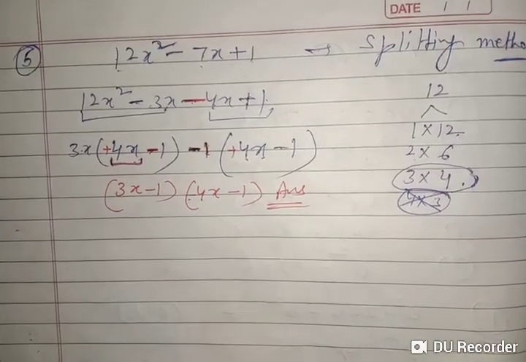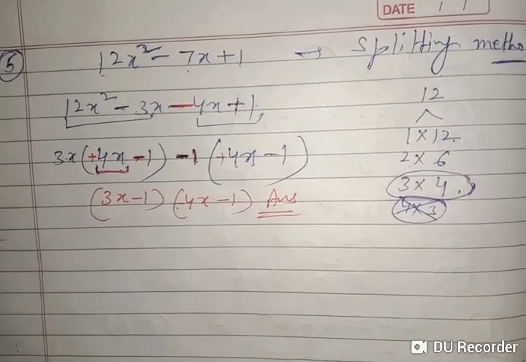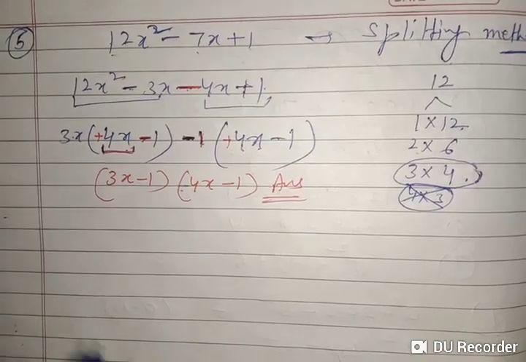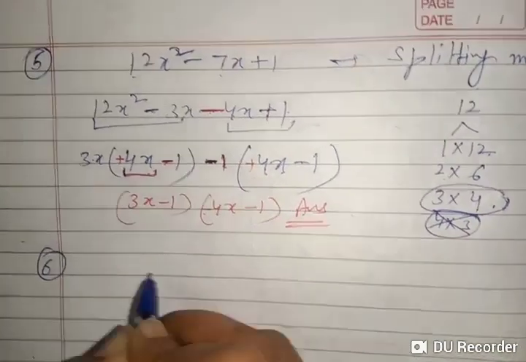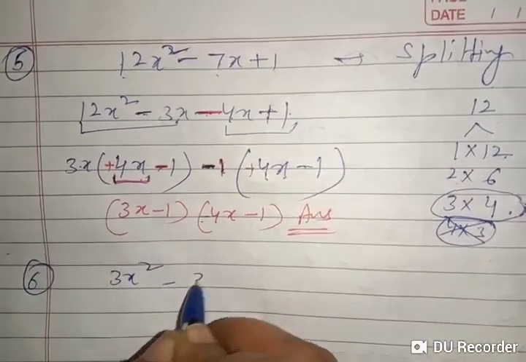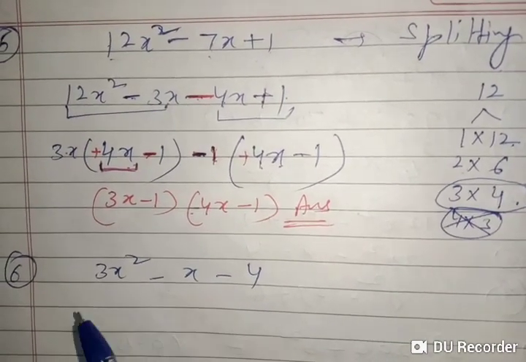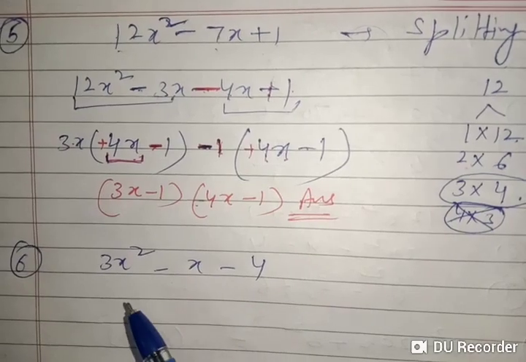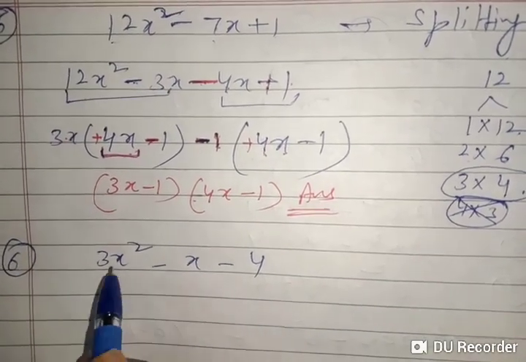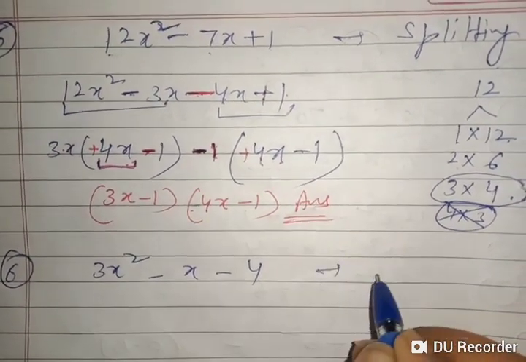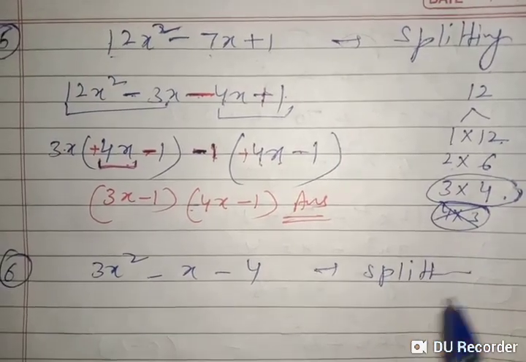This is our fifth part. One more of splitting I am taking, the sixth part. It's 3x square minus x minus 4. Again check: no common, no regrouping, no identity. So in this question again we will use splitting.